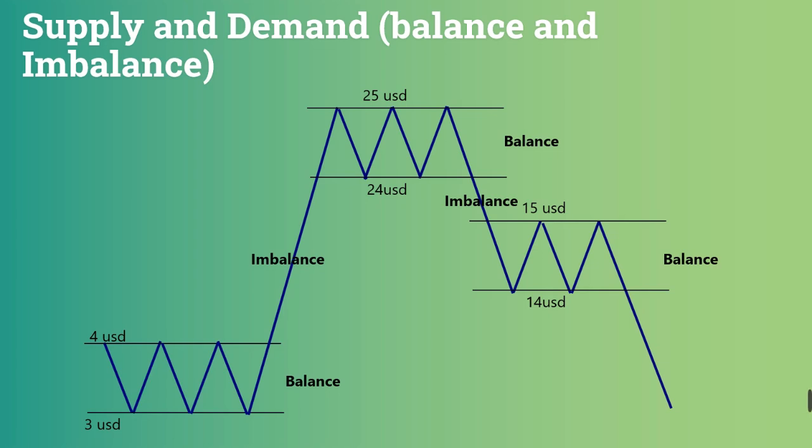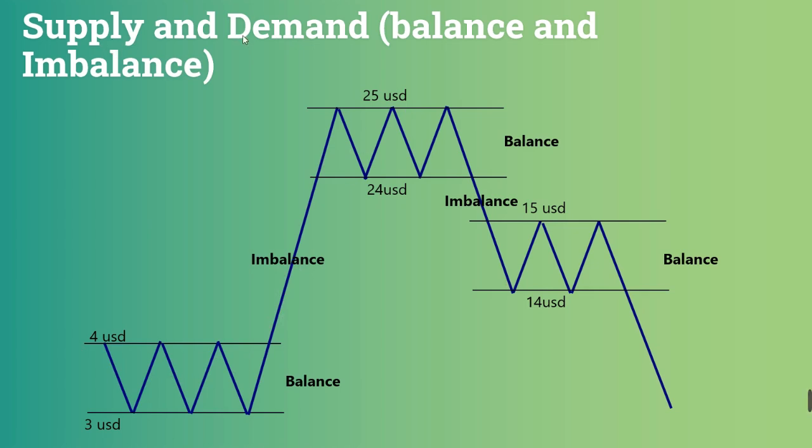So, if you remember this movement over here, this is supply and demand, balance and imbalance. If you remember the story about the face mask that I told you in episode 1, it's all about supply and demand. When the supply is higher than the demand, there is an imbalance and it pushes the price downwards.